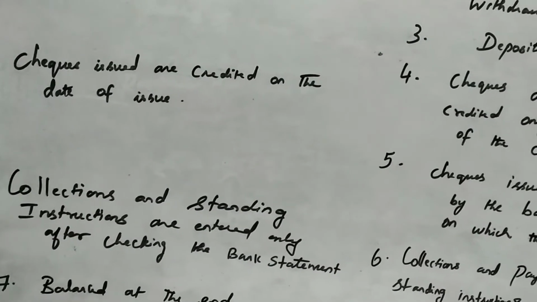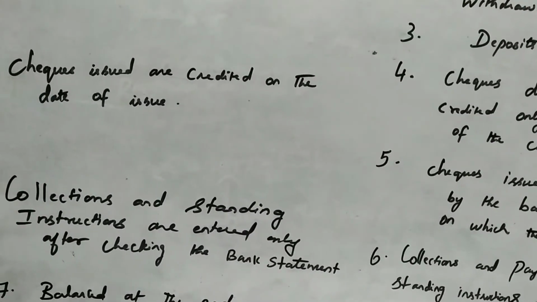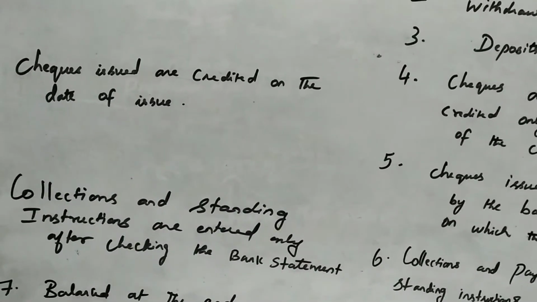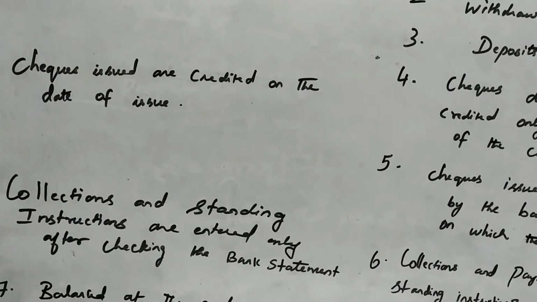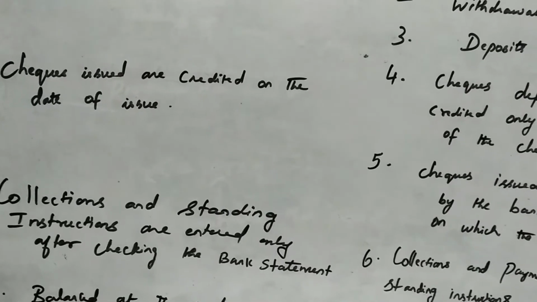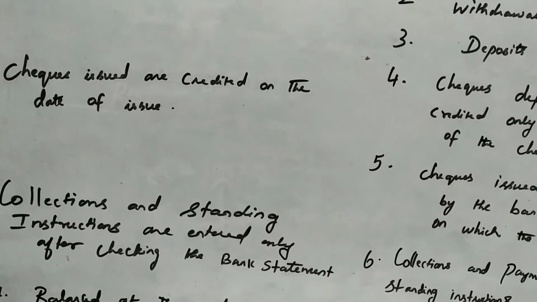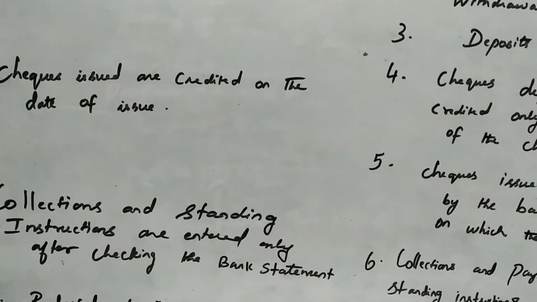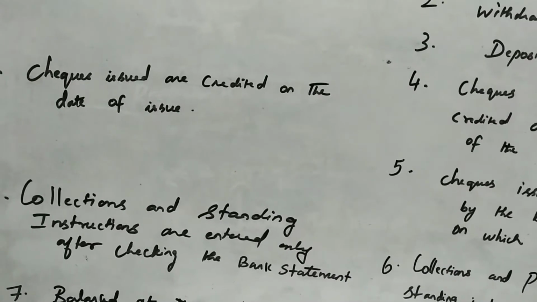So even dividends. What is meant by dividend? A share of profit. In case you are a shareholder in a company, you have invested money in a company, you have got shares of that company. So dividend is a share of profit which is being given to all the shareholders.